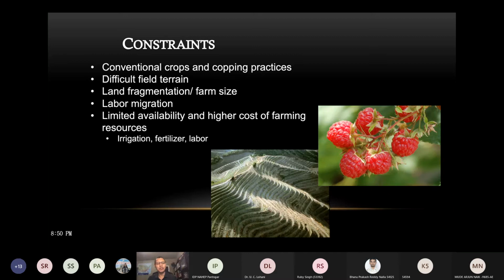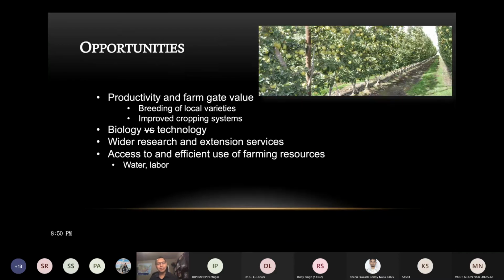There is also labor migration to cities or even other countries, like a lot of labor going to the Middle East from countries like Nepal, India, Bangladesh, and Pakistan, and limited availability and higher cost of farming resources such as irrigation water, fertilizer, and labor. So these are some of the constraints we face in farming, particular to various countries with small-scale farming operations.